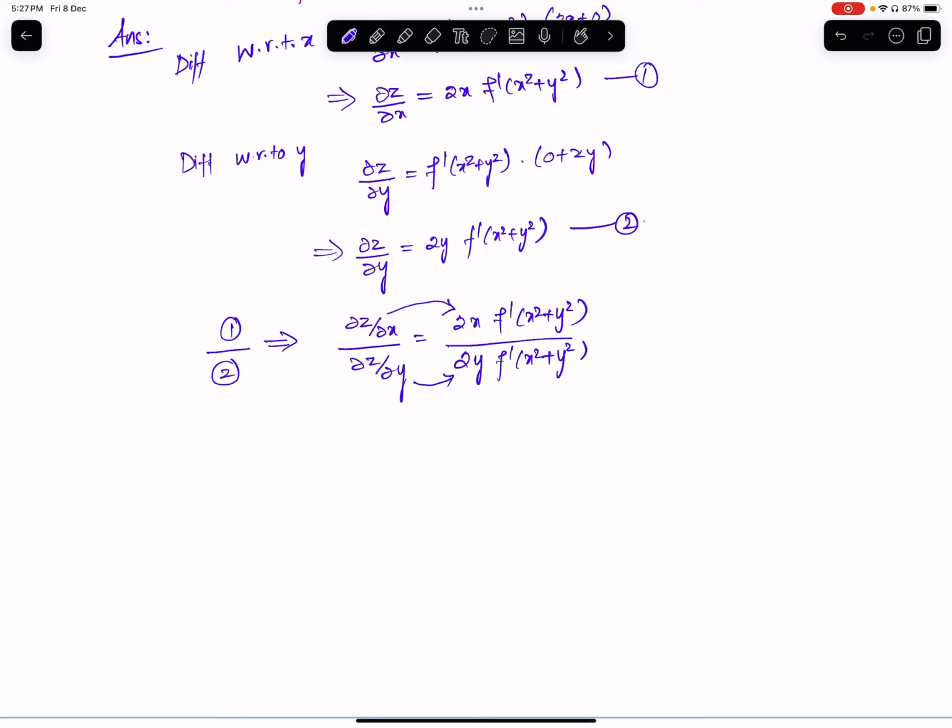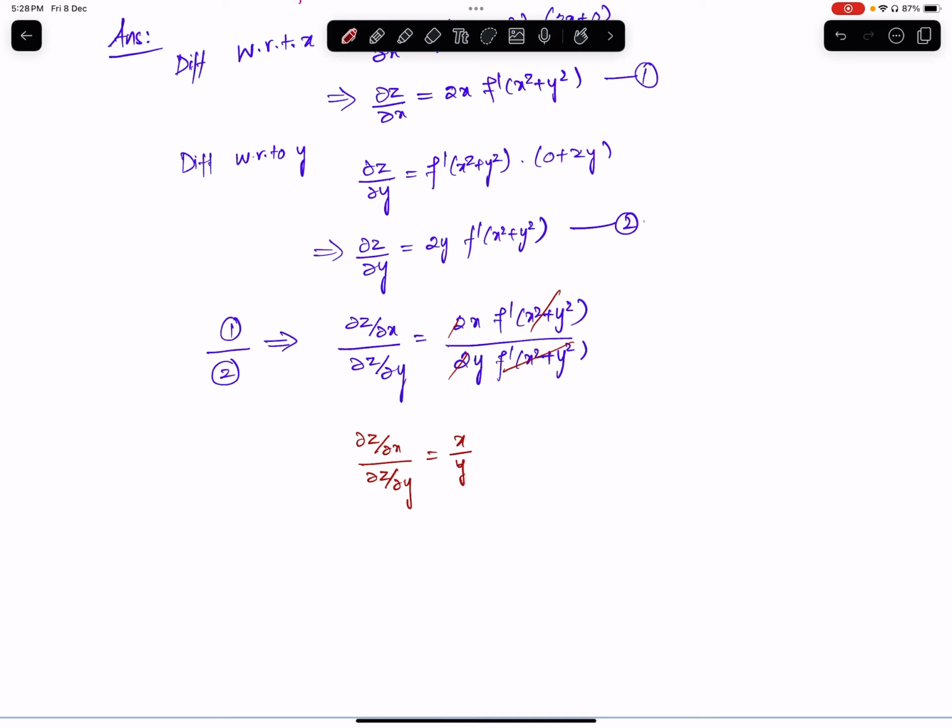That's all. Now you can cancel f' in both places. So what is left? (∂z/∂x) / (∂z/∂y) equals, you can even cancel these two, it is just x by y.